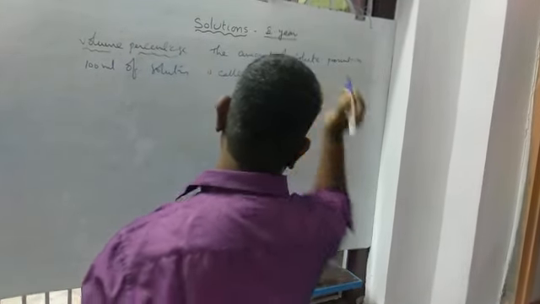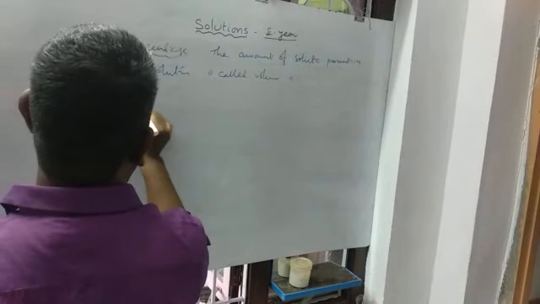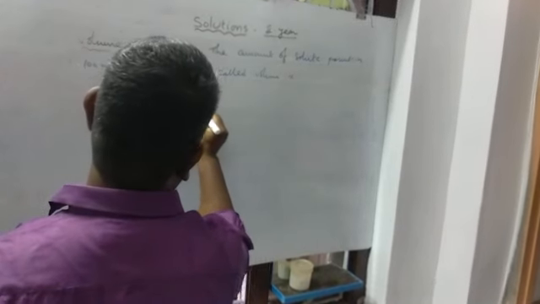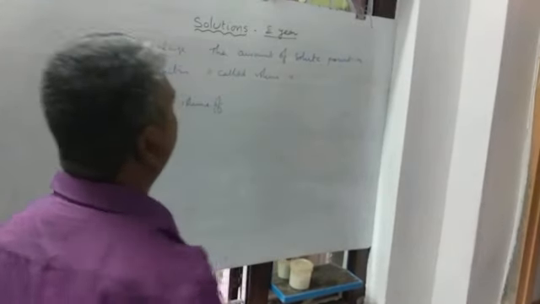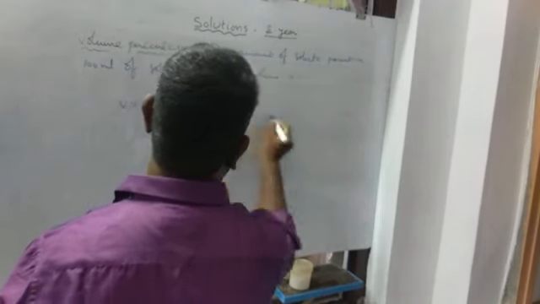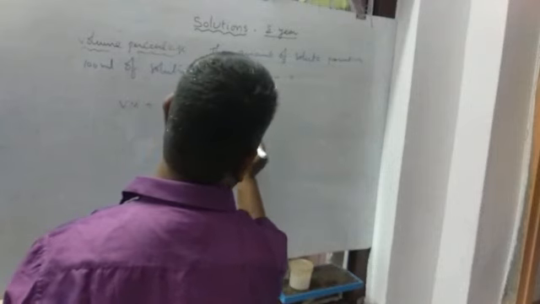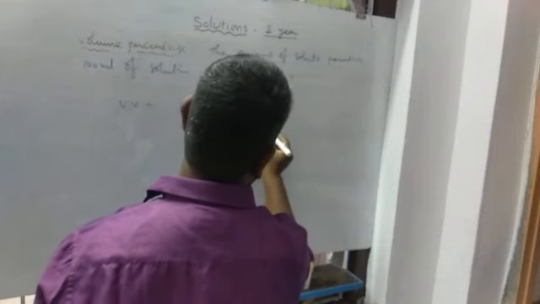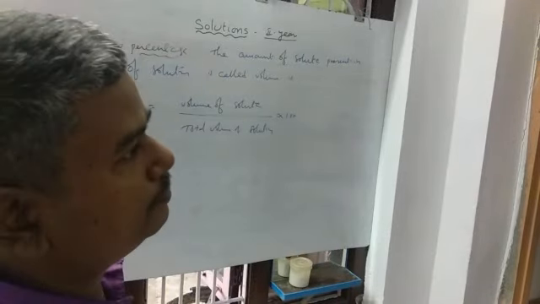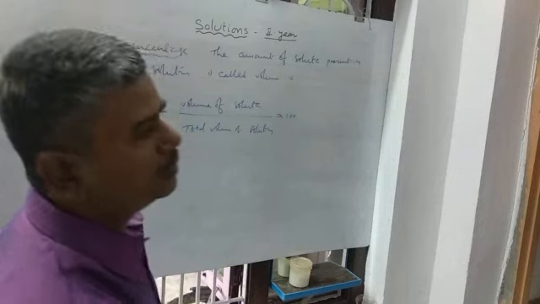volume percentage. That means volume percentage equals volume of solute by total volume of solution into 100. So this is the volume percentage of the solution.